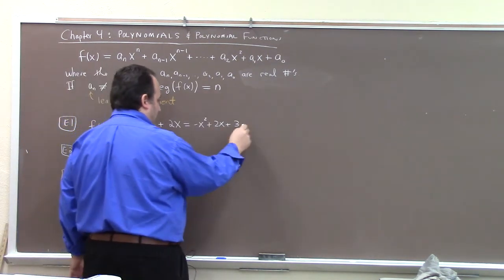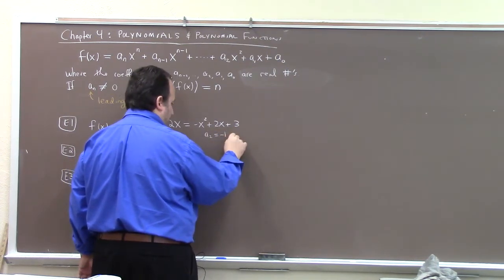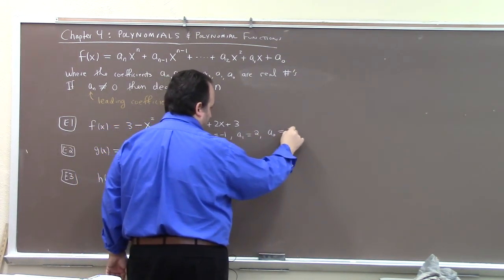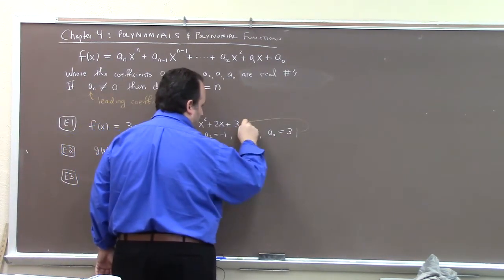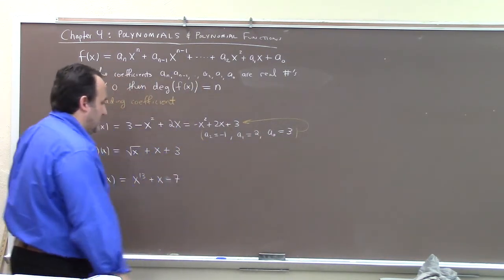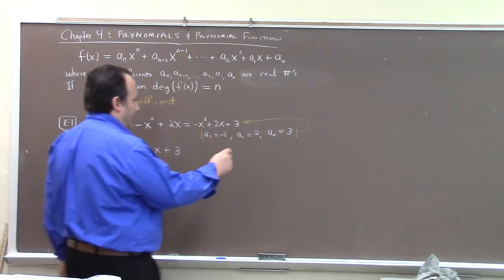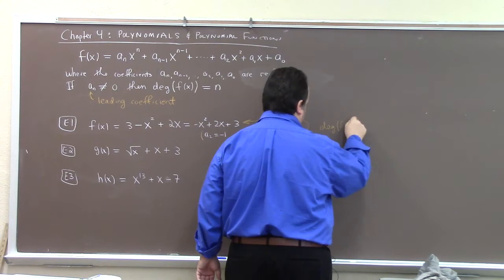So you could say a2 is minus 1, a1 is 2, a0 is 3. These are the coefficients. The leading coefficient here is minus 1, so what's the degree of this one?